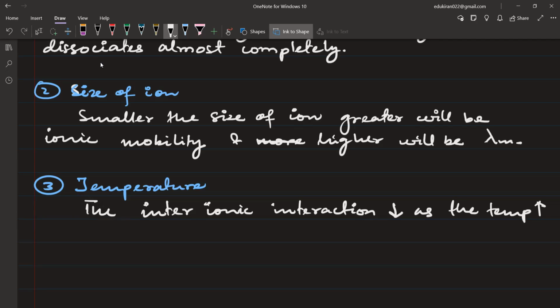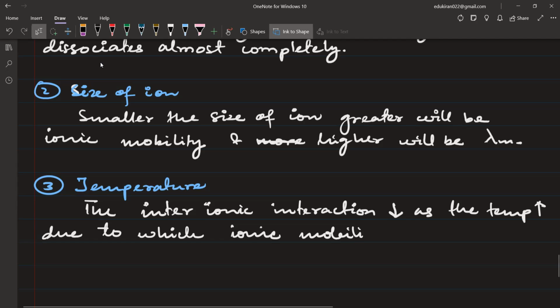That is why the ionic mobility will increase, and hence the molar conductance will also increase. So when temperature increases, interionic interaction decreases, due to which ionic mobility increases and lambda m increases.